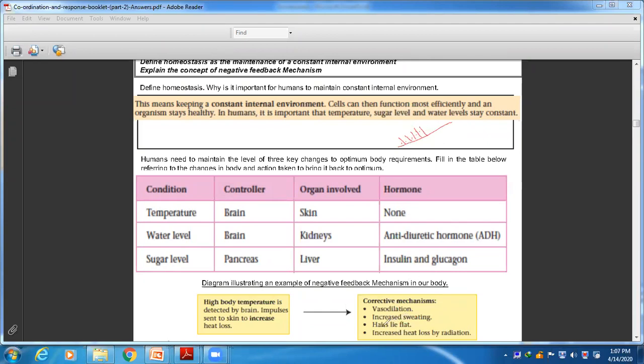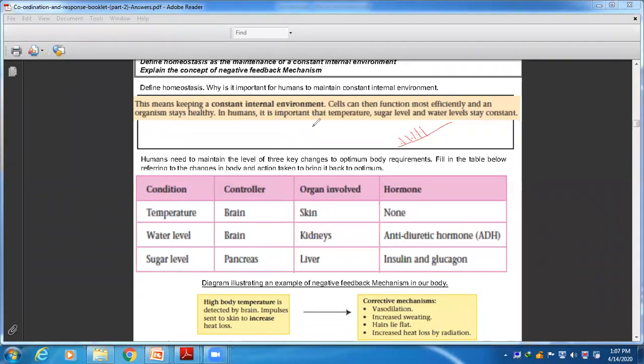But if it is hot, the hair will lie flat. Is it clear? And I told you that heat loss by radiation will be increased. So these are the corrective mechanisms that will bring your body back to normal, and this is called homeostasis, keeping your internal environment constant.